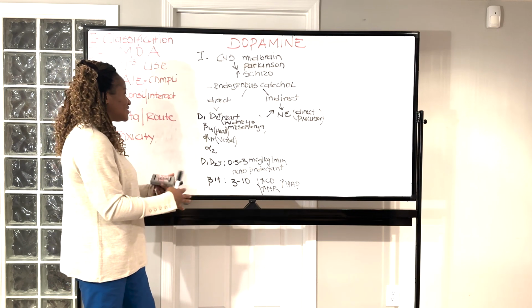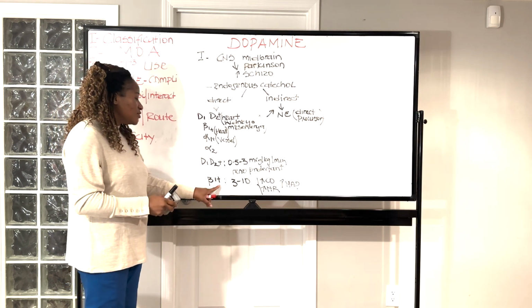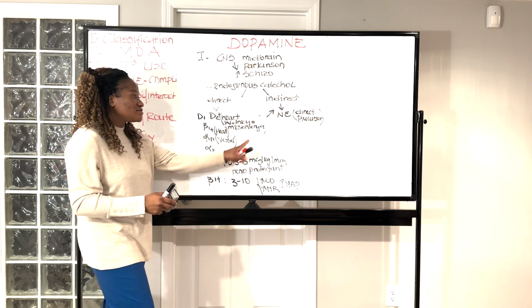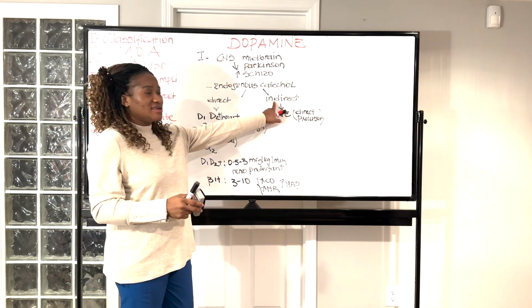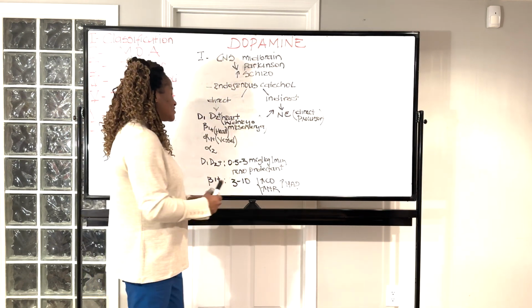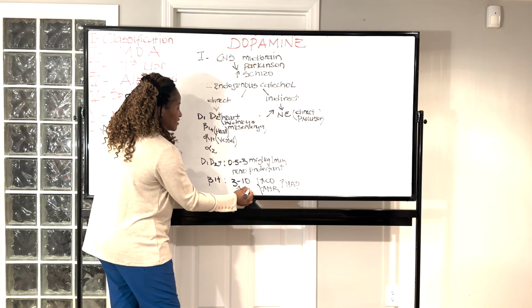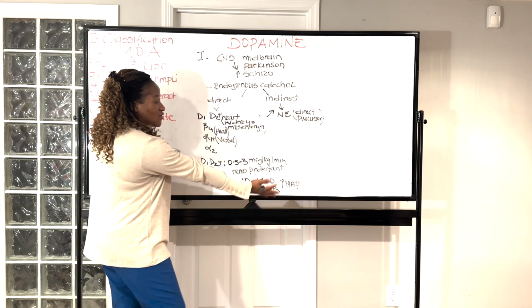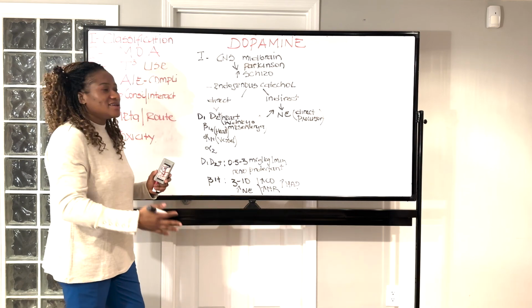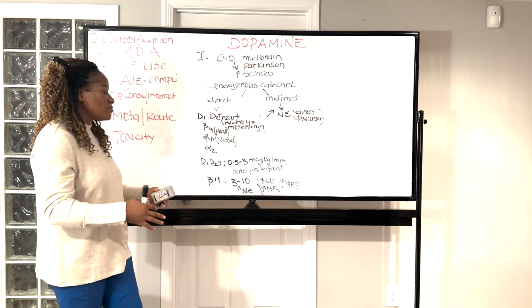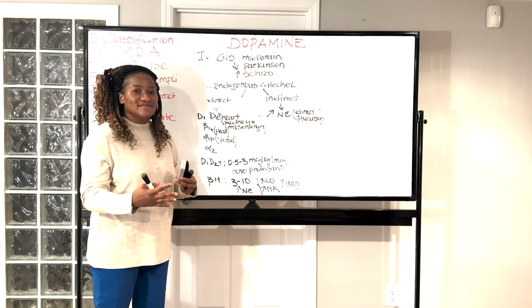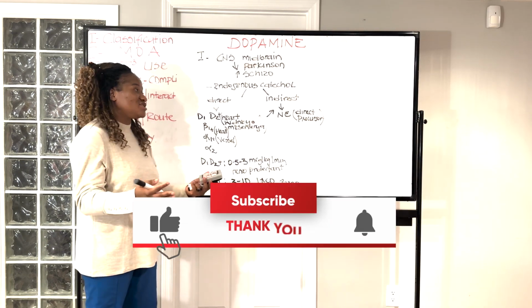We want all these actions. Now, at the beta 1 activation, it's also going to act as an indirect. So because it acts as an indirect, it's going to also increase your norepinephrine release, which is going to empower all these actions, right? So you're going to have increased cardiac output, increased heart rate, increased MAP. We are in a great position.